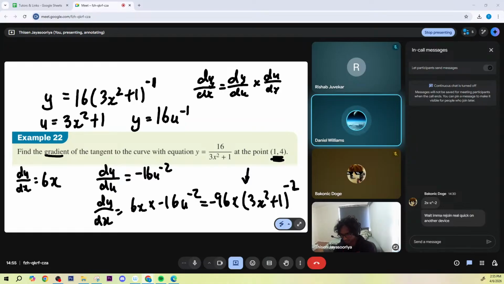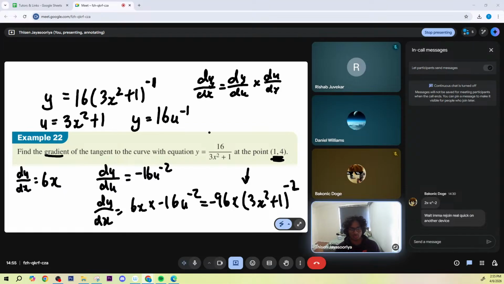Let me just equate it to like 1. Let's substitute 1. You substitute 1. So you get here negative 96 times 1 brackets 3 times 1 squared plus 1 to the power of negative 2. How can you evaluate that?